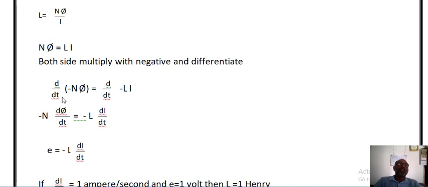So d by dt of minus N phi is equal to d by dt of minus L i. Here N is constant, independent of the variation of time, so we can take minus N as common. So our equation becomes minus N d phi by dt. Similarly on this side L is also independent of the variable quantity, so it is taken as common. So minus L di by dt.